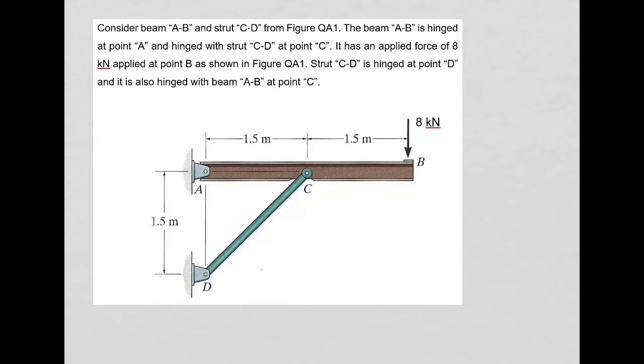The beam AB is hinged at point A, so this support is a hinge, which will allow rotation about this point. The strut CD is hinged at point D, at support D, and it is also hinged at point C with the beam.